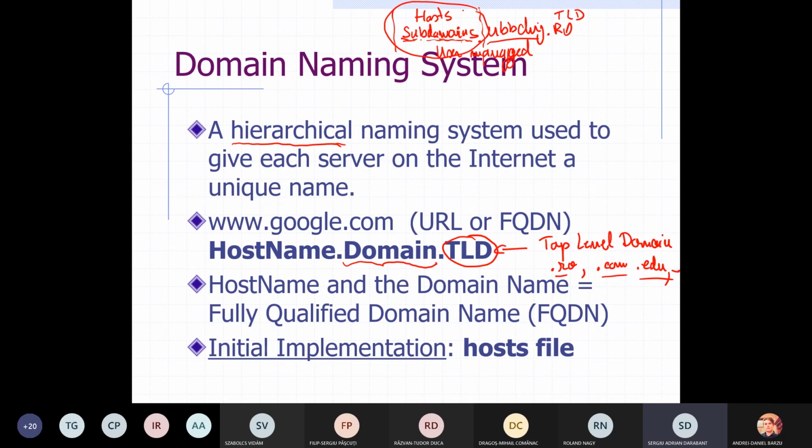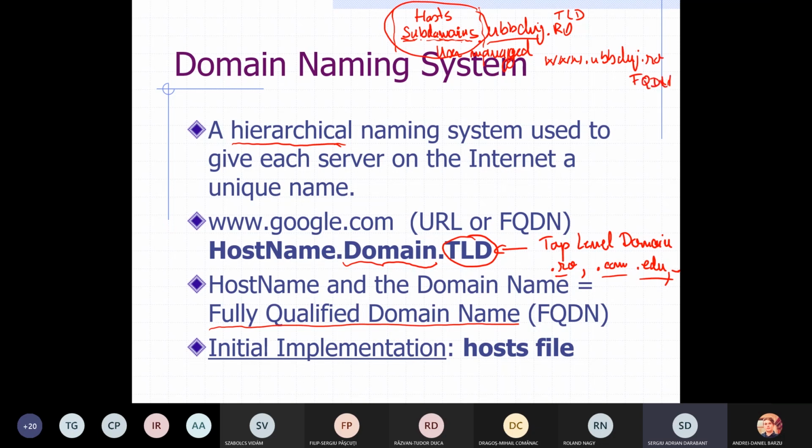And altogether, when you have a complete name, that is called a fully qualified domain name. www.ubbcluj.ro is a fully qualified domain name.